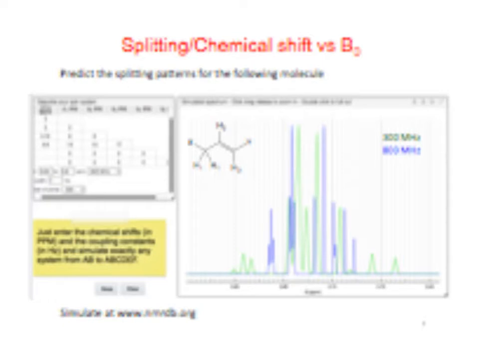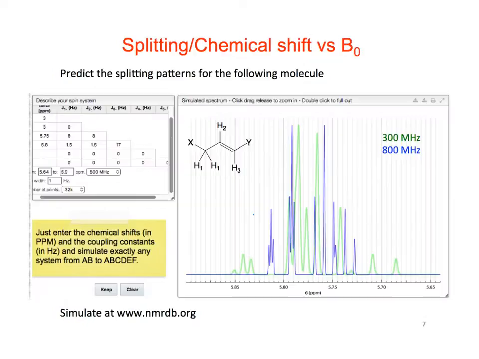So for this blue one, if we see this going in this way, pointing toward the inside one, that shows that these two are coupling to each other, and the outside ones get smaller and smaller as those chemical shifts get closer to each other. At least we're seeing the right patterns in the 800.